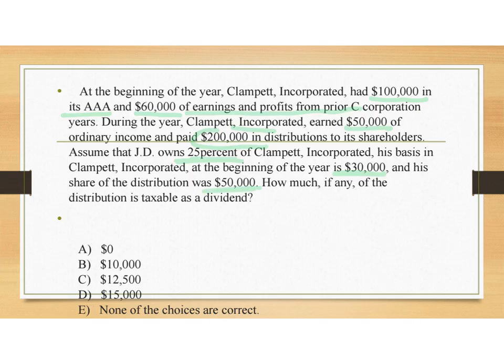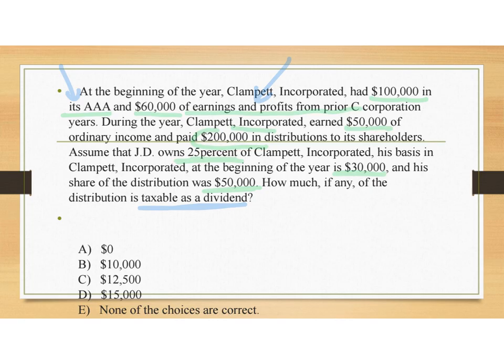How much, if any, of the distribution is taxable as a dividend? All right, so we need to know how much is taxable as a dividend, okay? So remember that when you're dealing with an S corporation that had previously been a C corporation, distributions come first from the AAA account, then from earnings and profits, and then from his basis, okay?